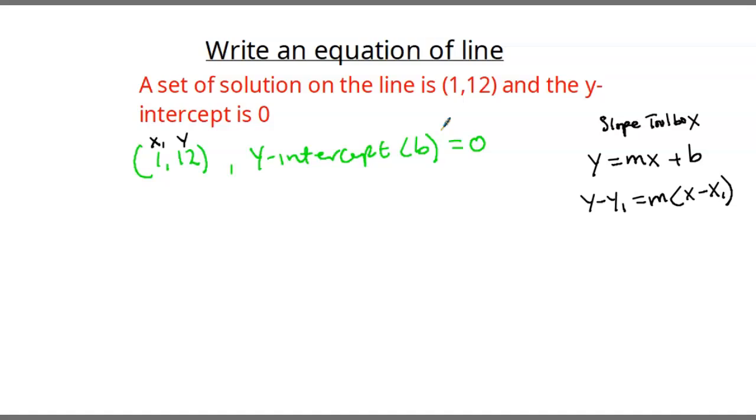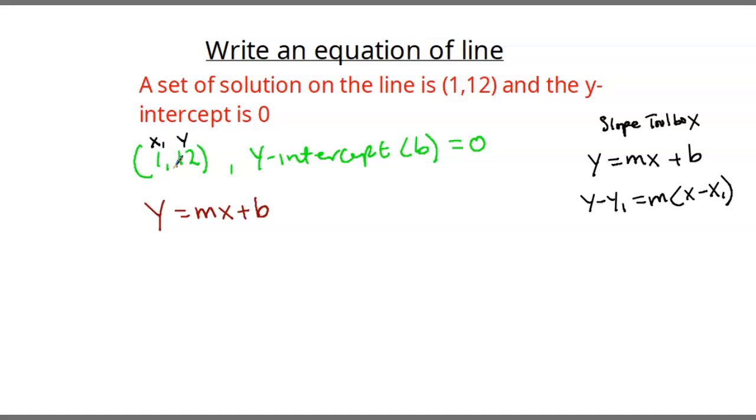We will fall on the slope-intercept form, y = mx + b. If you are in Europe, they use plus c. All of them mean the same.